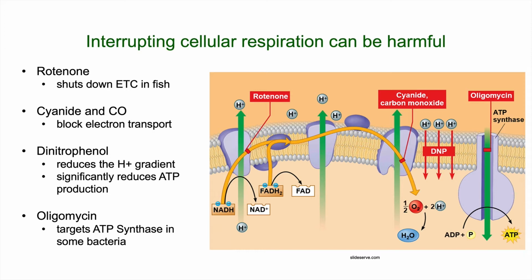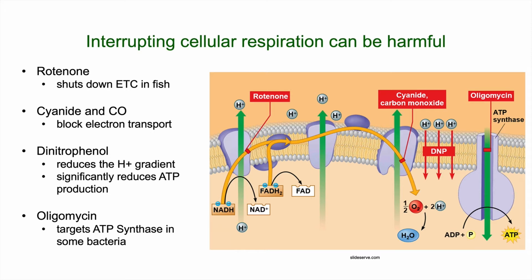DNP stands for dinitrophenol. What dinitrophenol does is it increases the permeability of the inner mitochondrial membrane, and so instead of H plus or protons accumulating, many of them leak back through the membrane. And so instead of going through ATP synthase, where we can make ATP, they're just leaking back into the matrix.